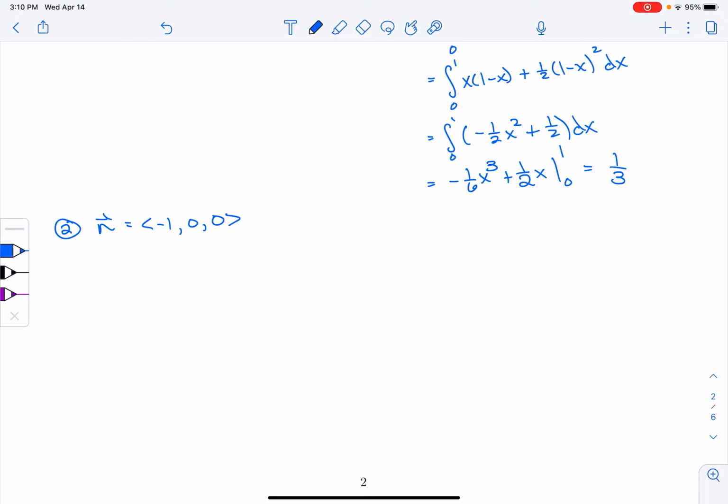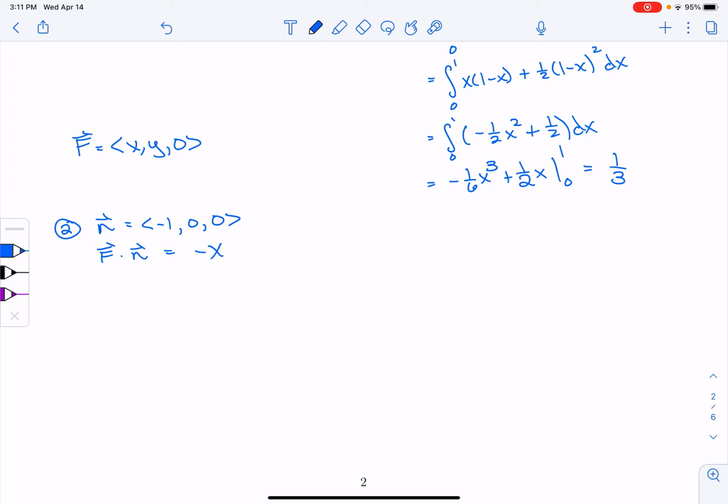Well, then I can look at f dot n. Let's remind ourselves that f is x, y, 0. So f dot n is actually going to equal -x.